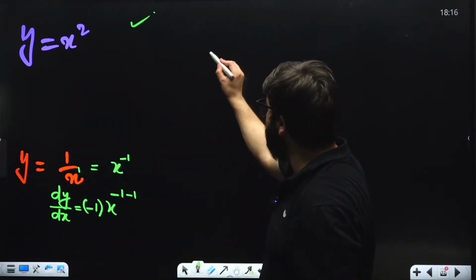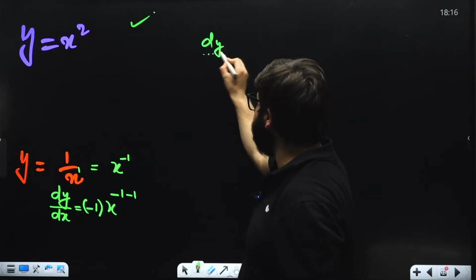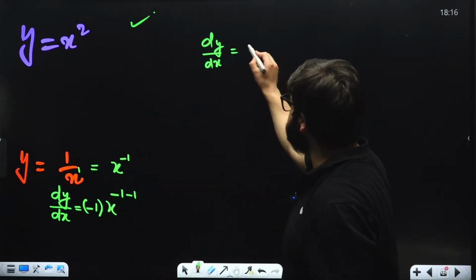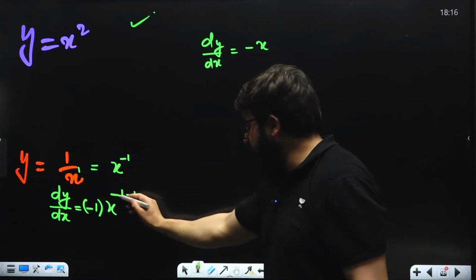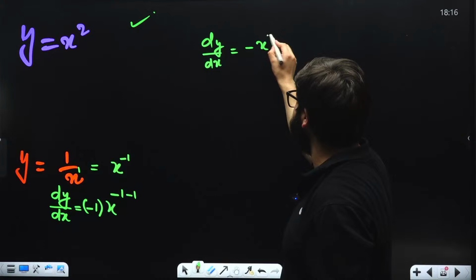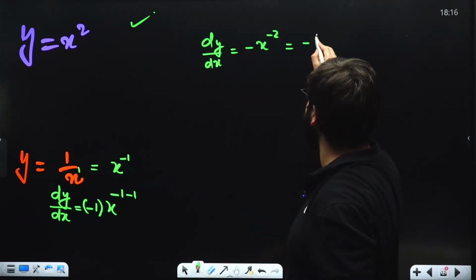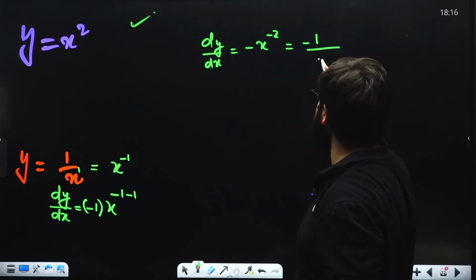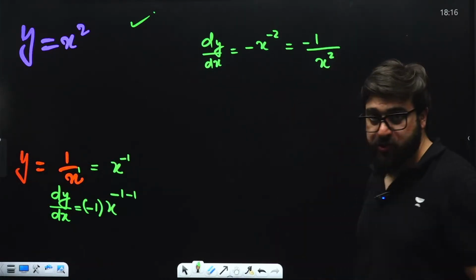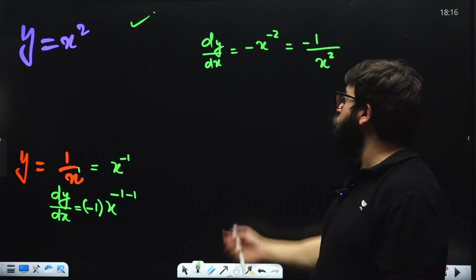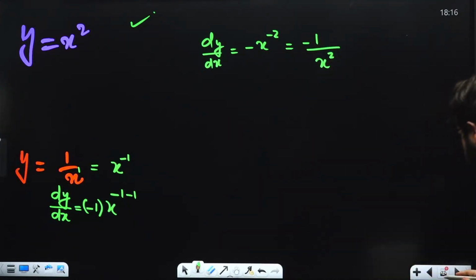Now see, this is minus x raised power minus 2. If you take this in the denominator, it will be 1 upon this, it becomes x raised power plus 2. So it is minus 1 by x square. So differentiation of this is minus 1 by x square.